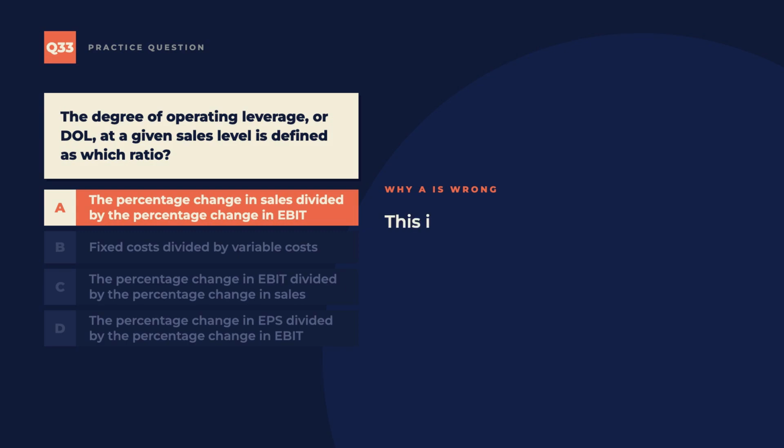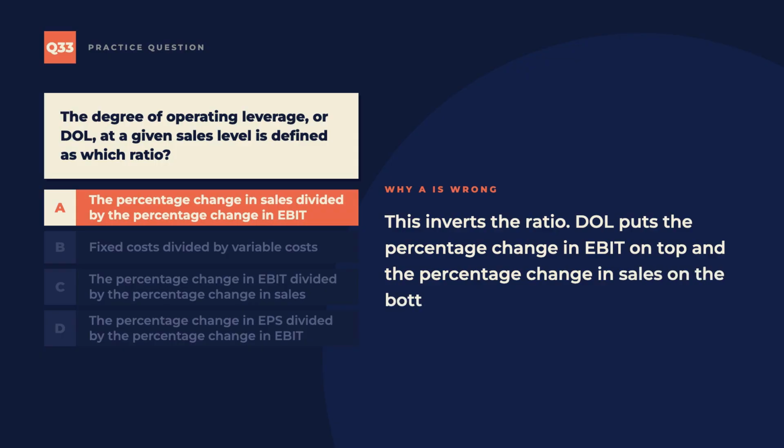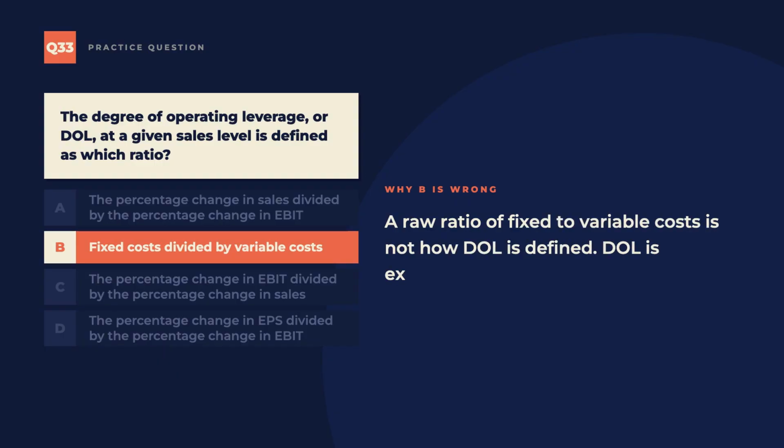A is wrong because this inverts the ratio. DOL puts the percentage change in EBIT on top and the percentage change in sales on the bottom, not the reverse. B is wrong because a raw ratio of fixed to variable costs is not how DOL is defined. DOL is expressed as the sensitivity of EBIT to a change in sales.